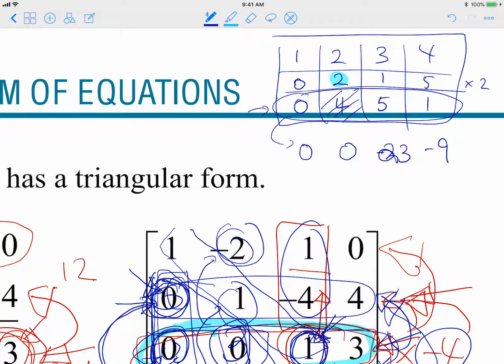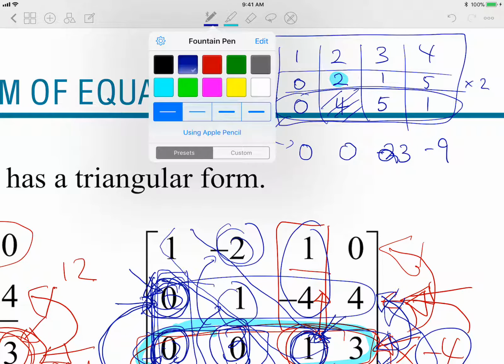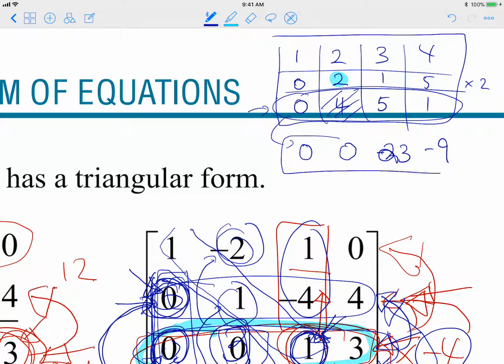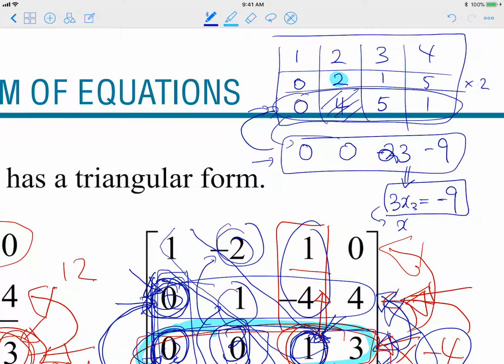We obtained this equation in place of the third equation, and in order to obtain x3, we just divide it by 3.